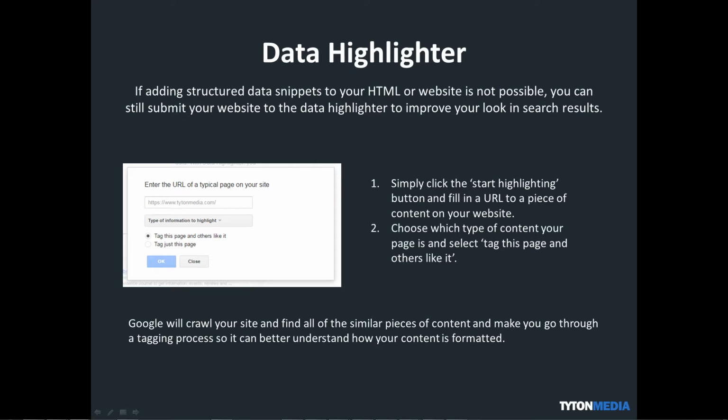So just go through each page, selecting each piece of information and what it is, and Google will automatically find those similar pieces of content and gather its own structured data so that it can present it to you in the back, as well as present it to users in the search engine results pages.